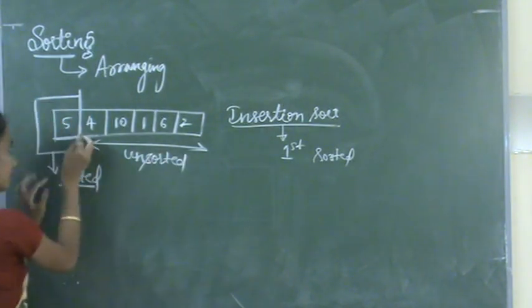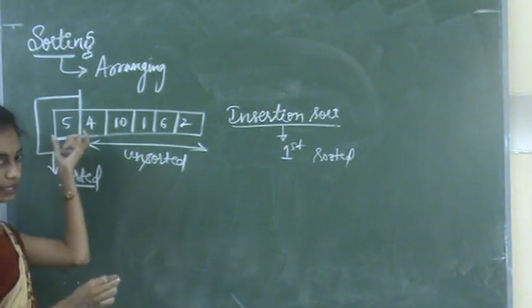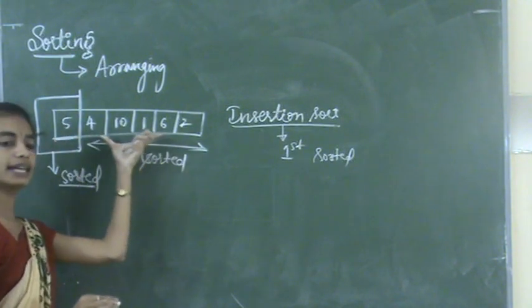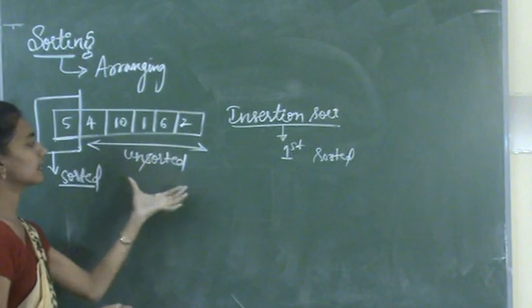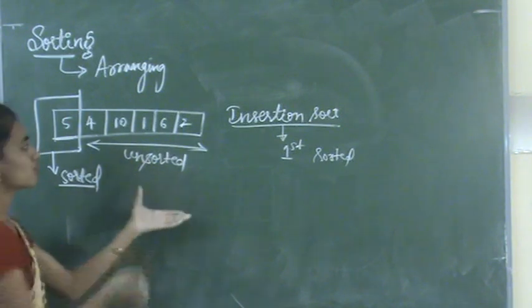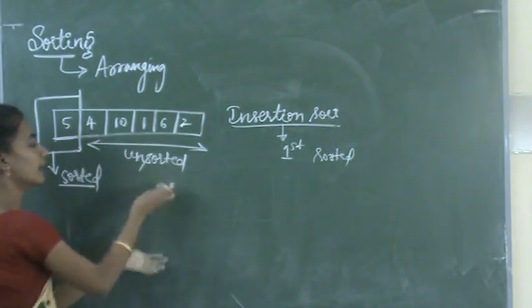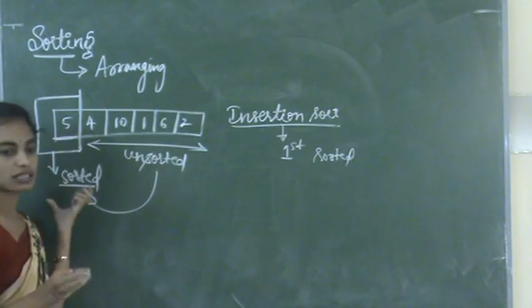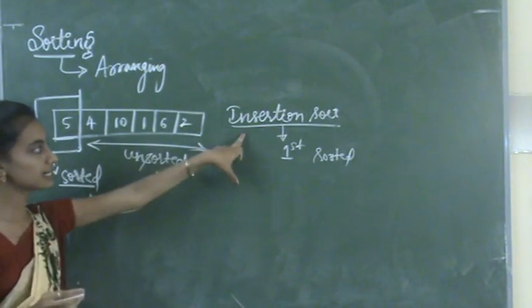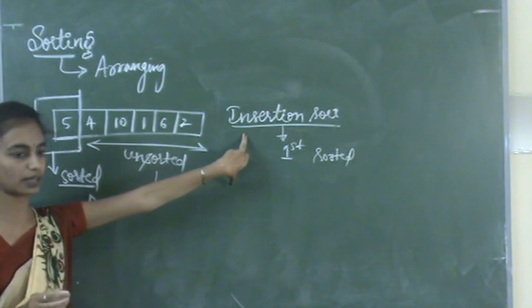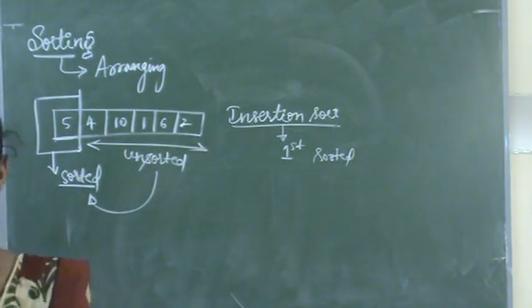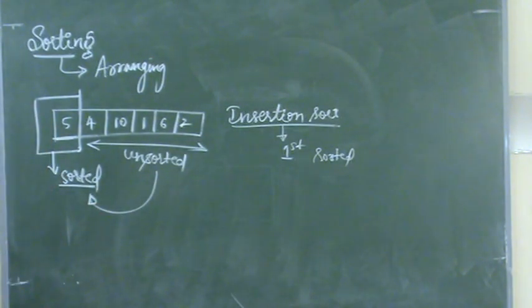The remaining array elements are considered as the unsorted array, and this unsorted array is compared with the sorted array. That is insertion sort. I will explain how it works.